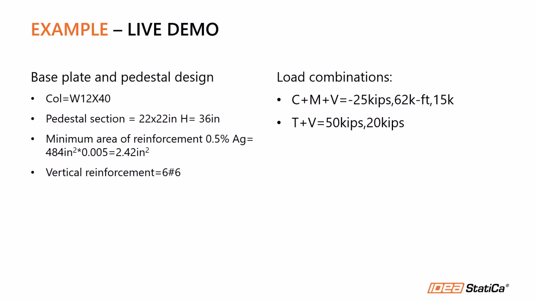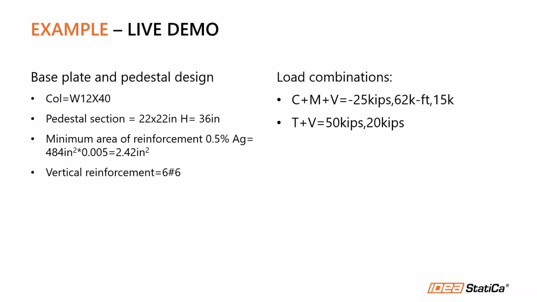So the reinforcement will be 6 bars of number 6 for this vertical reinforcement. Then we'll have 2 load combinations, which is compression plus moment plus shear force. And then the second combination is going to be tension force or uplift forces and shear forces, right?